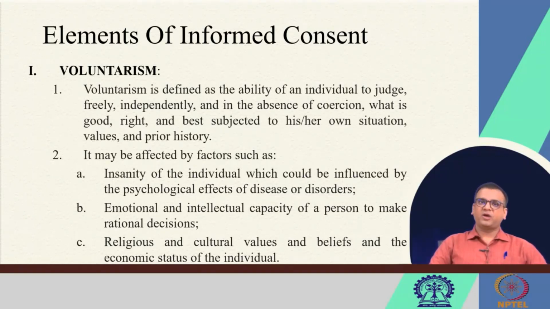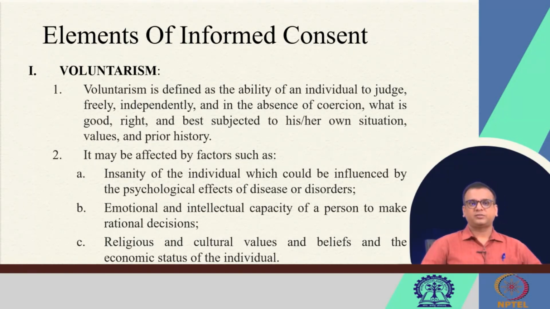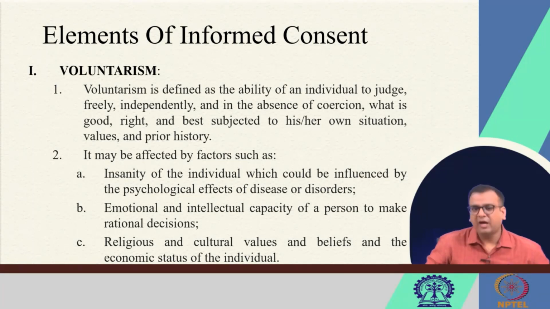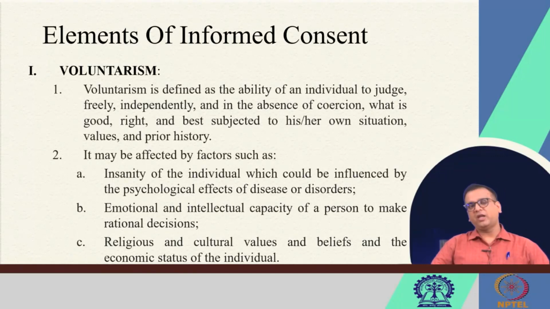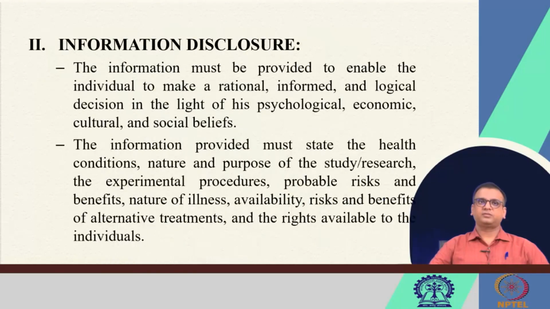It may be affected by factors such as insanity of the individual, which could be influenced by the psychological effects of diseases or disorders; second, the emotional and intellectual capacity of a person to make rational decisions; third, religious and cultural values and beliefs and the economic status of the individual. So, this is the voluntarism element, a main element of informed consent.